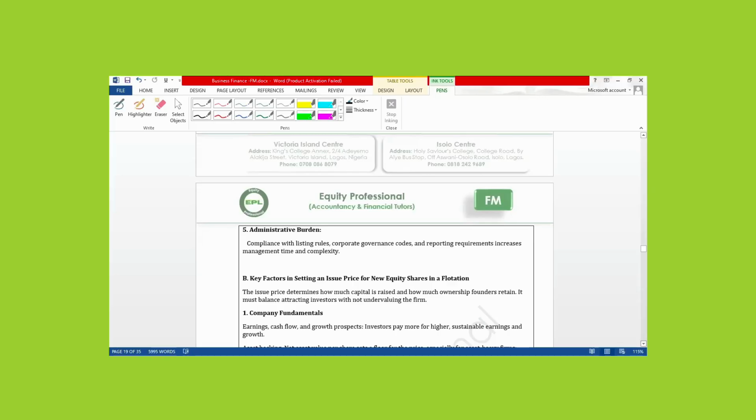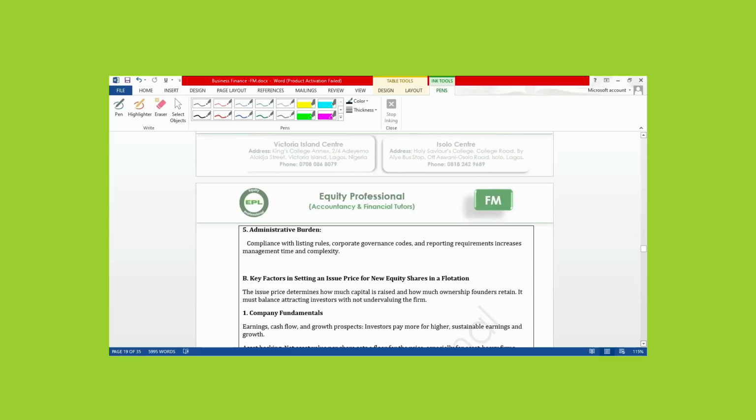That's for 10 marks. Requirement B says, what are the factors that determine issue price for new shares? If you say the price is 10 naira or 20 naira or 30 naira, what are the factors that determine an issue price for new shares?